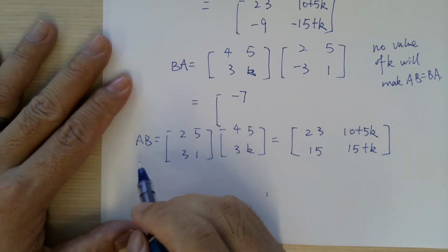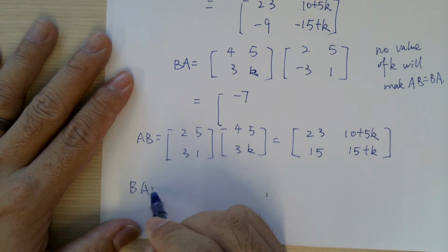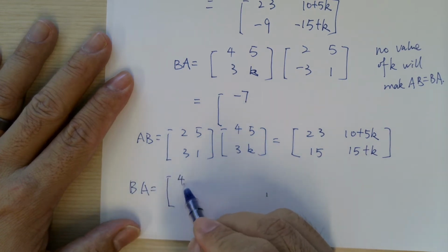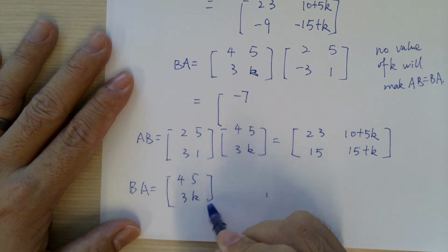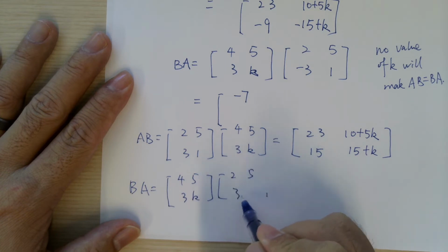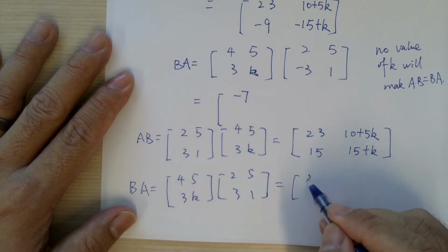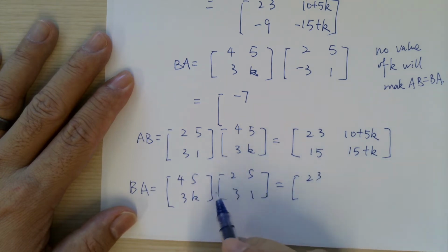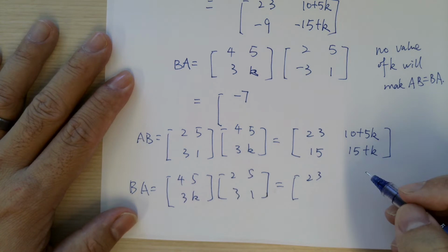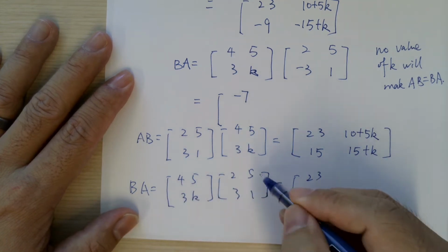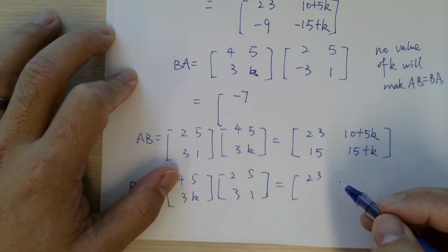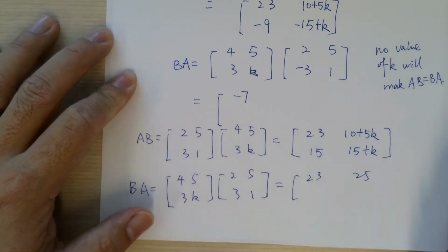Right, and then the BA, the [4 5; 3 k]. You see right now this will give you 23, and then this part, the first row, second column, is 20 plus 5, so it's 25.